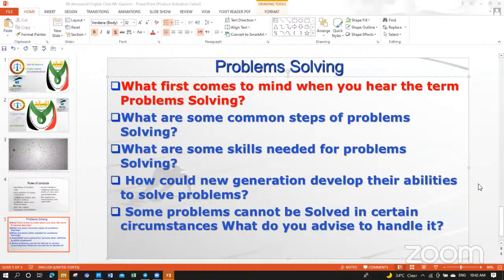Anything to add about this point? Let me put it in another way. What do you think, or what are the ideas that you have about problem solving? Yes, Halima, you can go on.